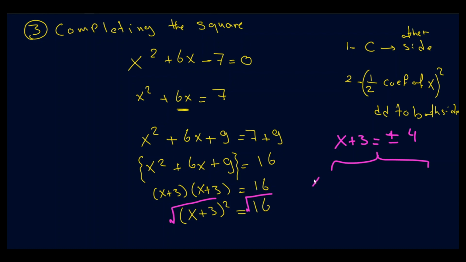First, we're gonna have x plus 3 is equal to 4. In this case, x is equal to 4 minus 3, which is 1. In the other case, we're gonna have x plus 3 is equal to -4. In this case, x will be equal to -4 minus 3, which is -7. Okay, so the results over here are 1 and -7.